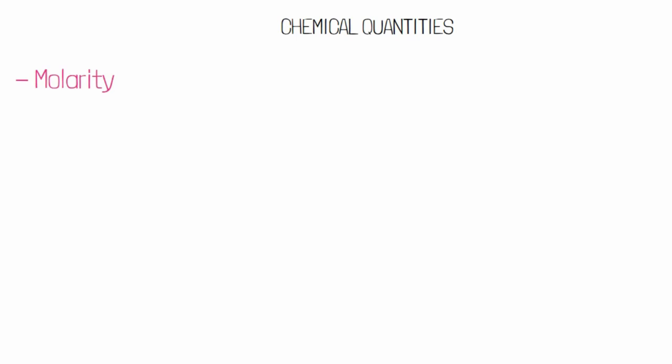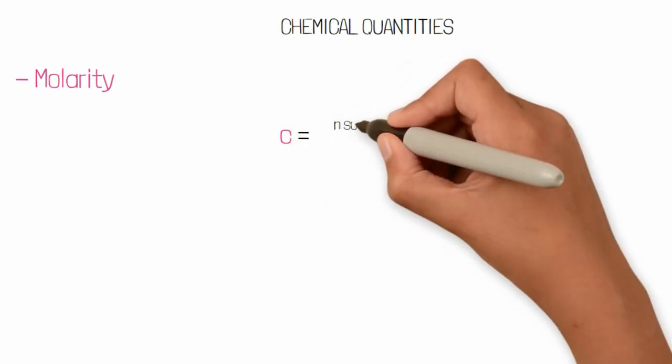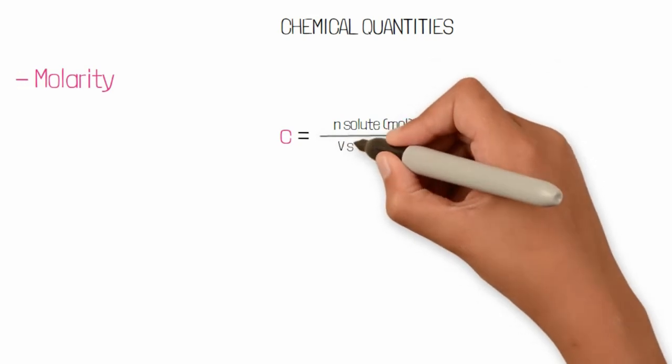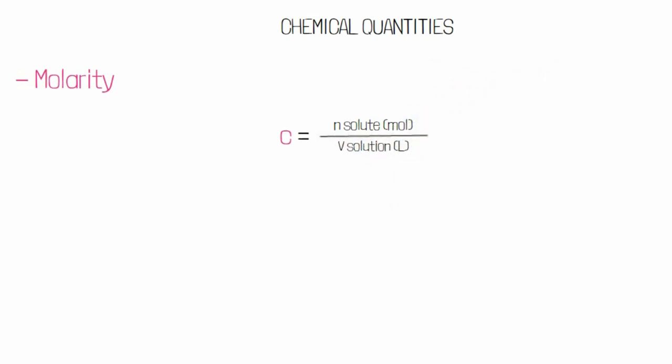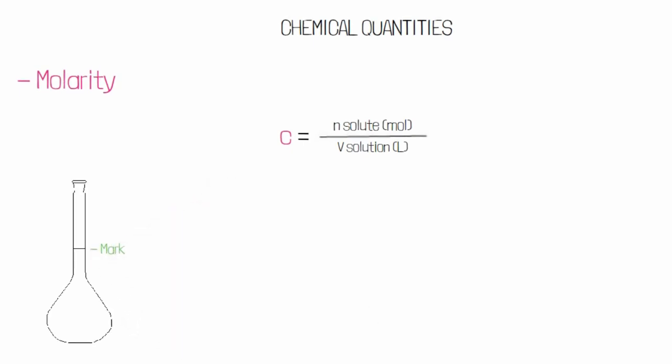Molarity can be written with the symbol capital M or lowercase c, and equals moles of solute, again, divided by, this time, volume of solution, which is in liters. So let's try to understand better what molarity is and how to prepare a solution with a given molarity. Let's take a volumetric flask, which is used for preparing a precise volume.